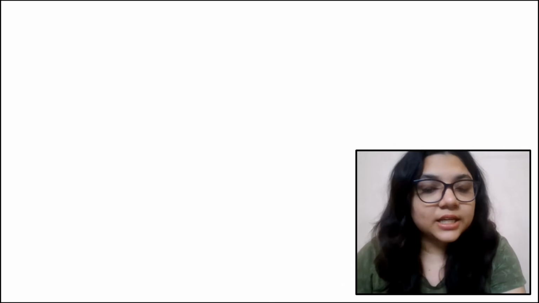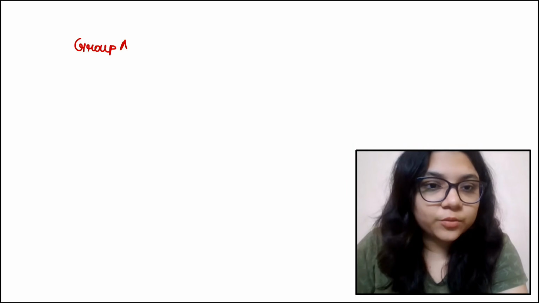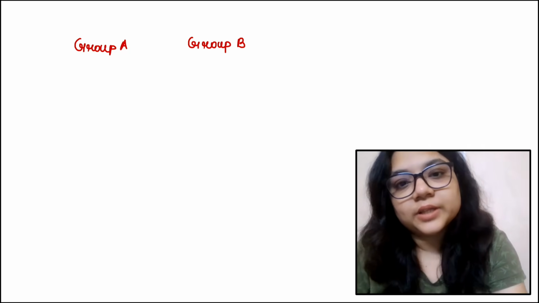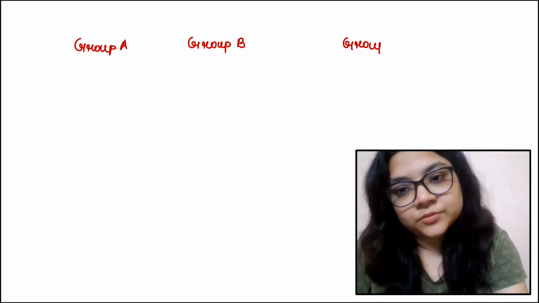Before actually getting into what the questions are, what their answers are, the first thing that we are going to deal with is what is the question pattern. So if I take simply that your entire paper is divided into three groups, right? So it will be group A, then you will have group B, and you will be having group C. Right?